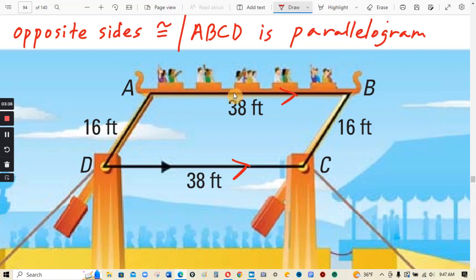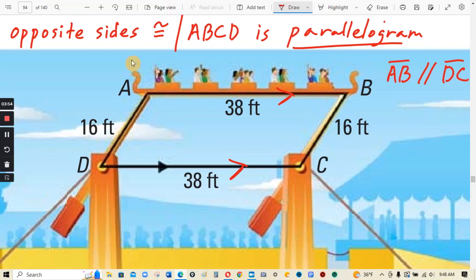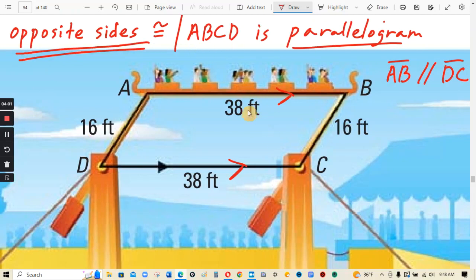So we have AB parallel to DC, and that's by the definition of a parallelogram. We proved it was a parallelogram by saying opposite sides were congruent, and now we know that opposite sides are parallel.